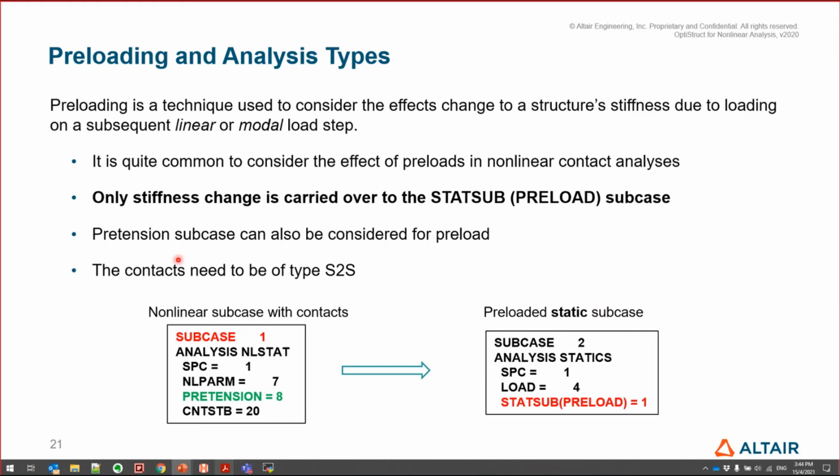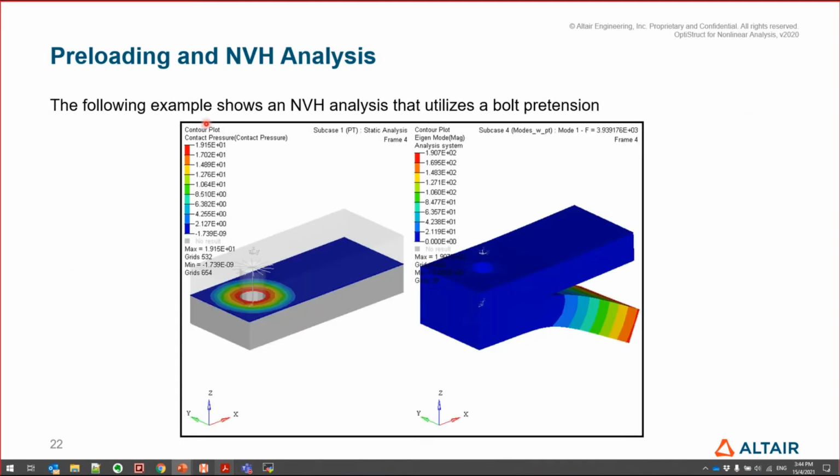Something to note: contact needs to be surface to surface here for pretension. And of course, when you run NVH results, you'll see later on there will be a difference. When you have pretensioning done, even if it's just 1D pretensioning, you also have an effect.